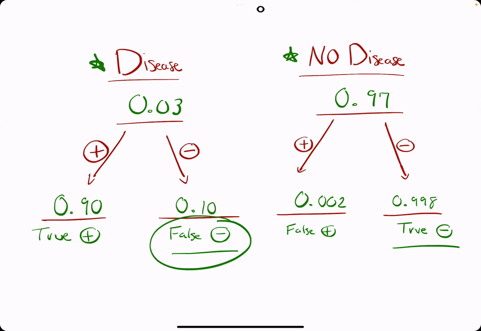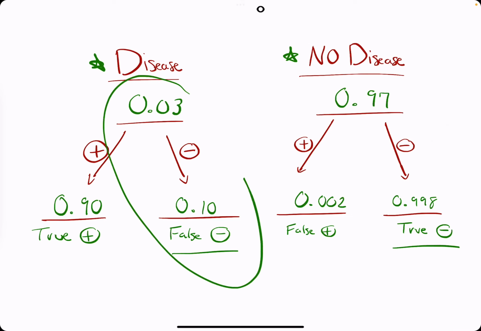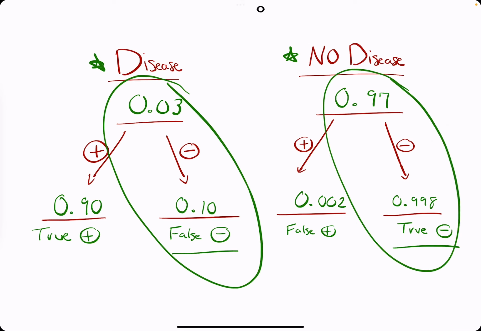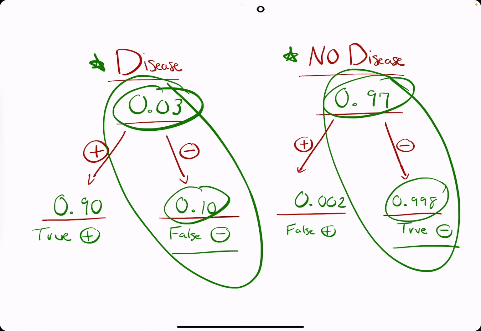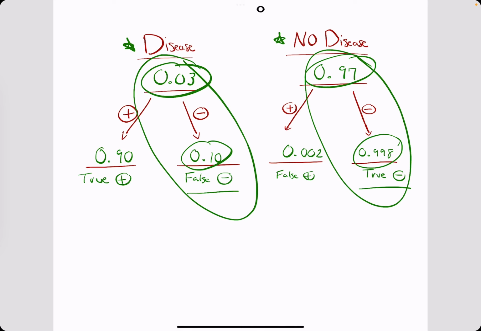But what we're going to do is use these paths. By the paths, I mean we are going to multiply 0.03 by 0.10, and then multiply 0.97 by 0.998, and then add up those two products.